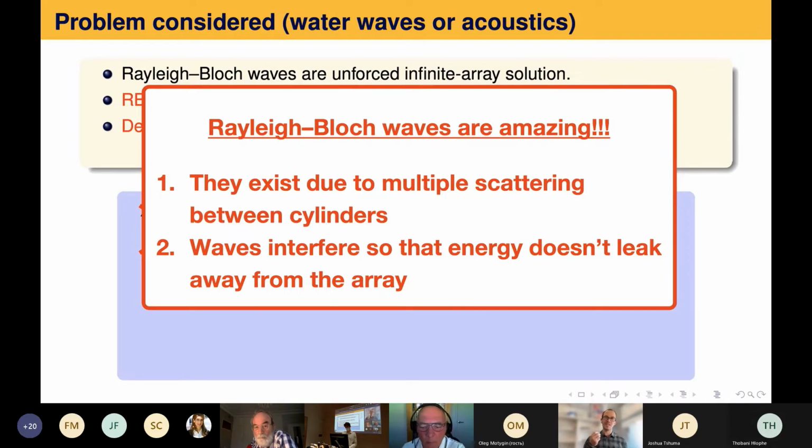They are existing because of the multiple scattering of waves between cylinders. And they're traveling along a one-dimensional space which is lower than the two-dimensional space which we're considering overall. So that means that the scattered waves are interfering in a very special way. That means the energy isn't leaking away from the array, which is what would happen in general.